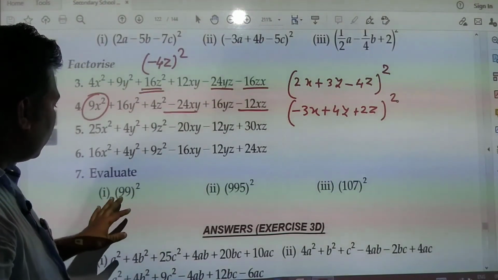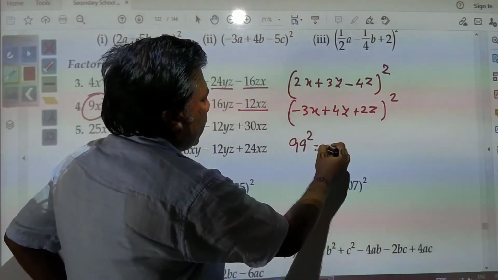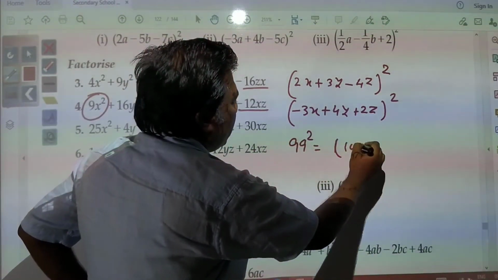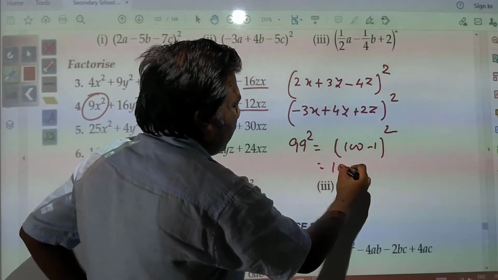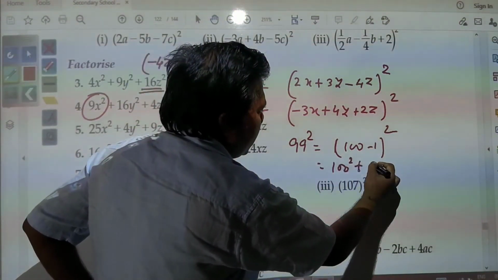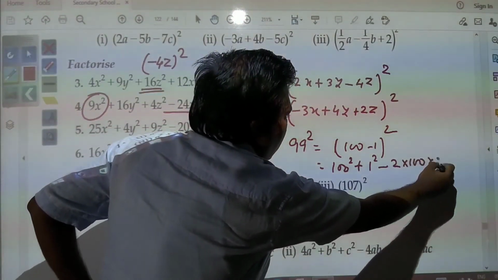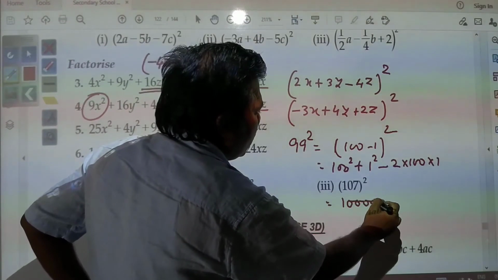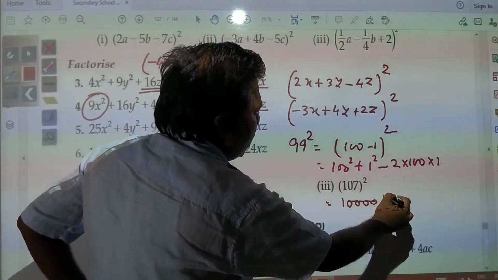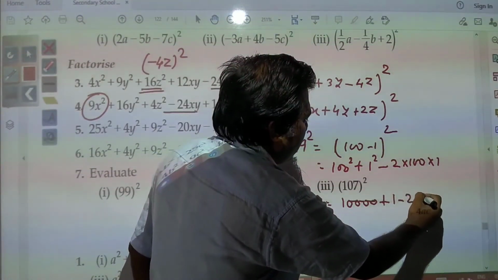Here you see, evaluate 99². Again 99² can be written as (100 − 1)². It means a² + b² − 2ab. So now you solve: 10000 plus 1 minus 200.